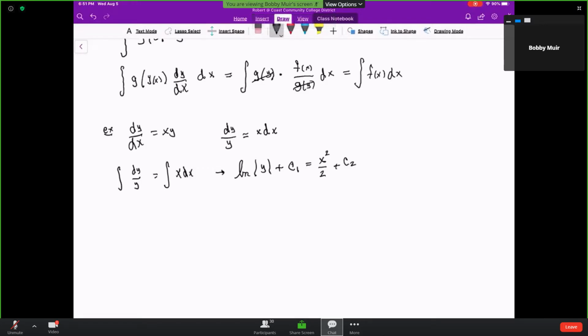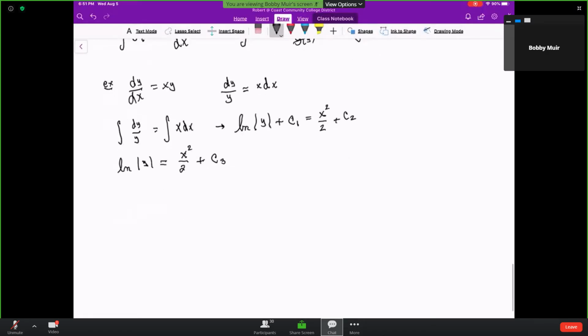So I'll lump those arbitrary constants together to get the natural log of the absolute value of y equals x squared over 2 plus some arbitrary constant c3.